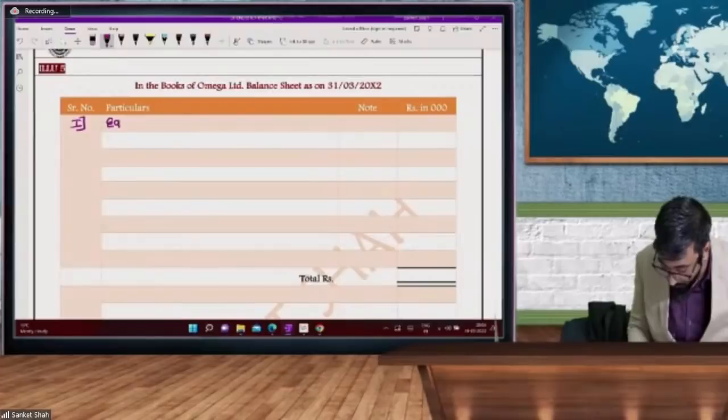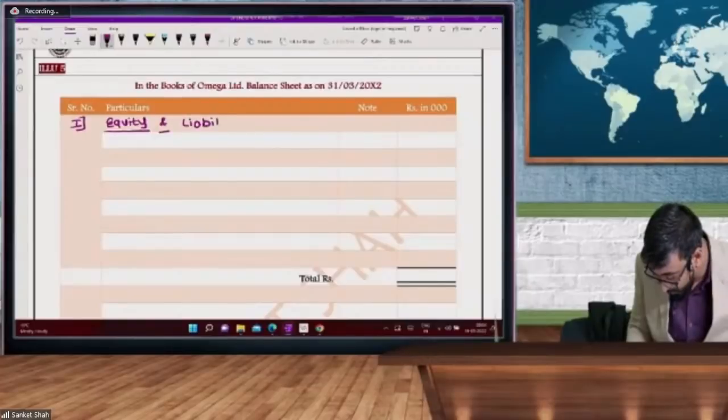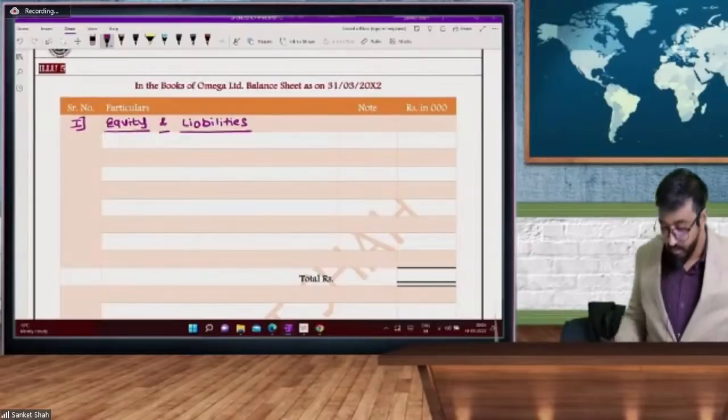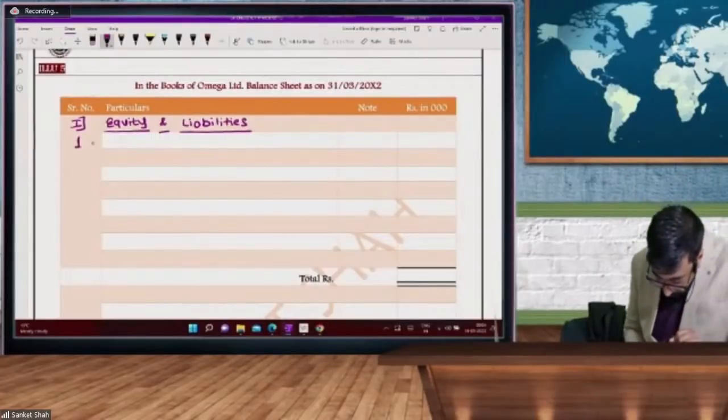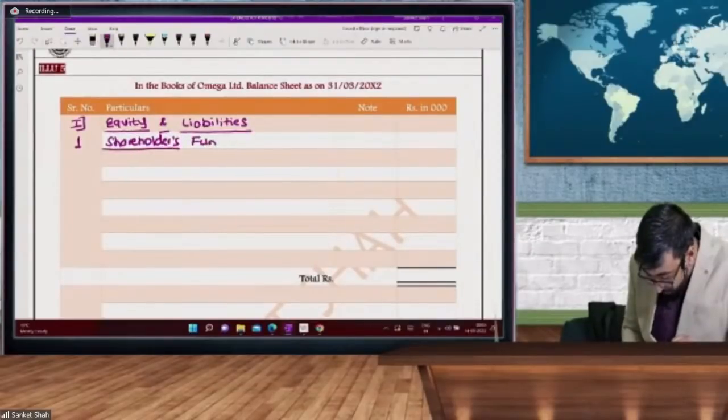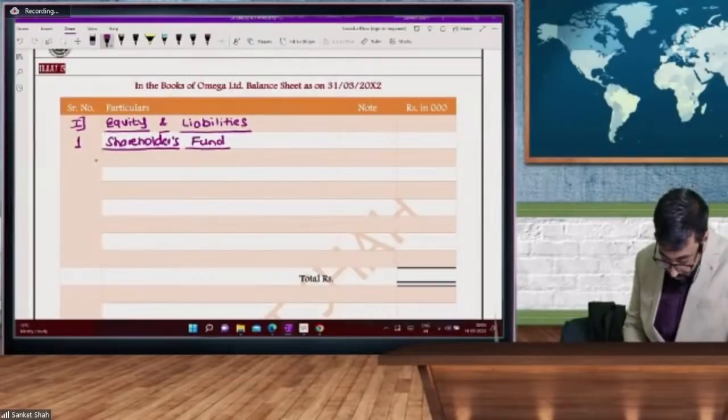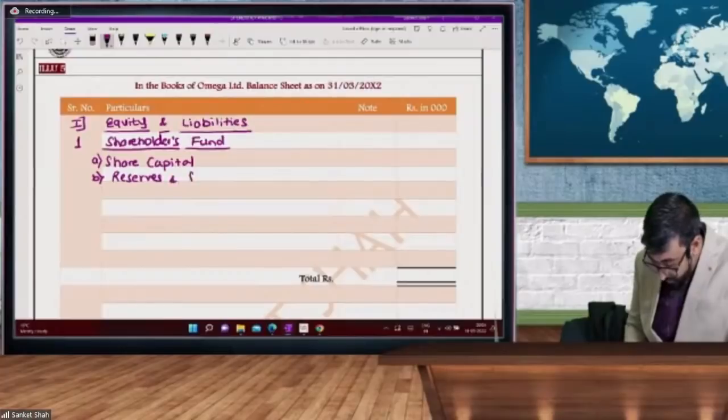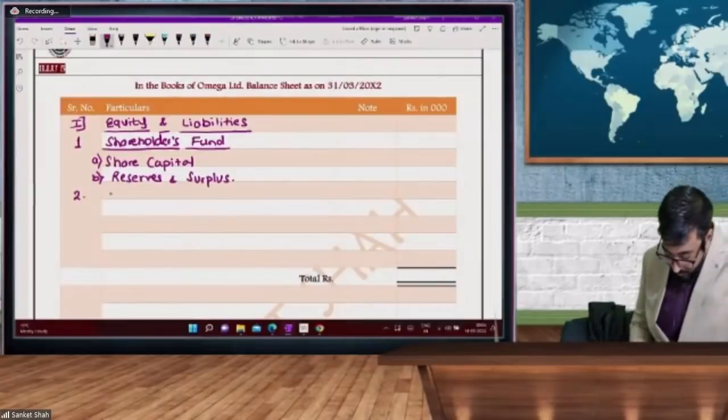First one, equity and liabilities. Number 1, shareholders fund: share capital, reserves and surplus. Number 2, now only those items.